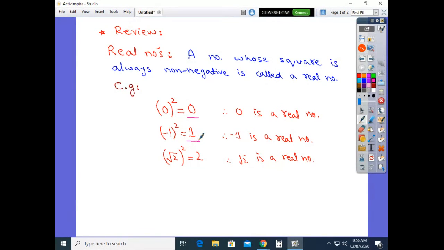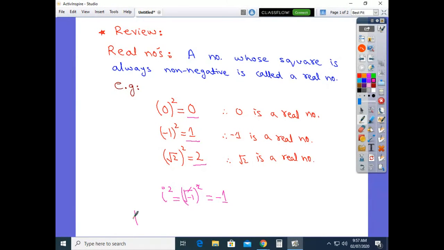If we take the square of negative 1, we get positive 1, which is non-negative. Similarly, square root 2 squared is a non-negative number, so square root 2 is a real number. But in the case of iota, iota is equal to square root minus 1. If we take the square on both sides, after cancellation of the square with the square root, we get a negative number.